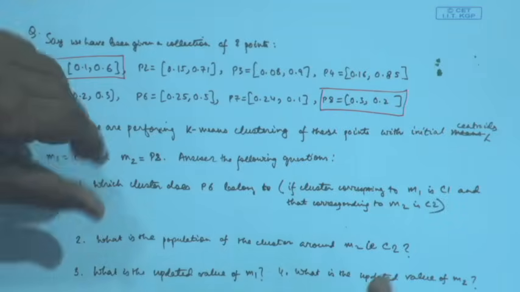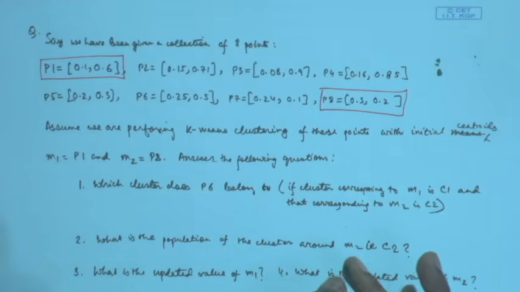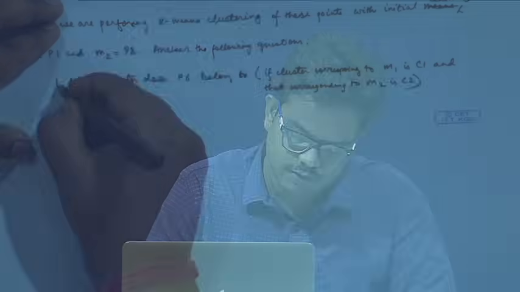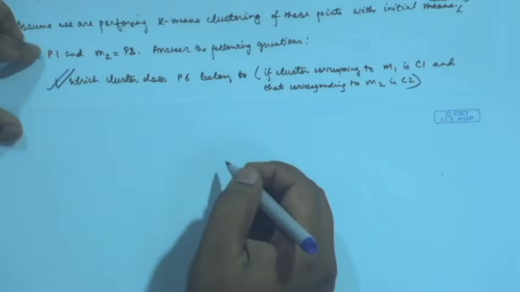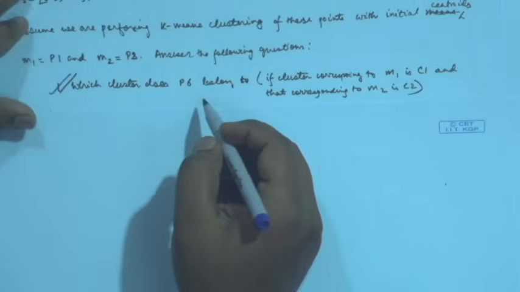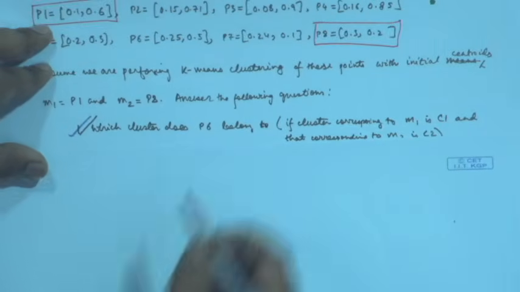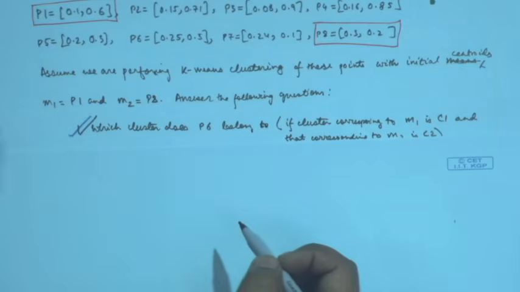So the first two questions are about what the initial cluster should be. All right. We have been given that. Let me show a part of the problem. Let's solve the first question first. Okay, let me solve this in blue. They have asked, which cluster does P6 belong to.